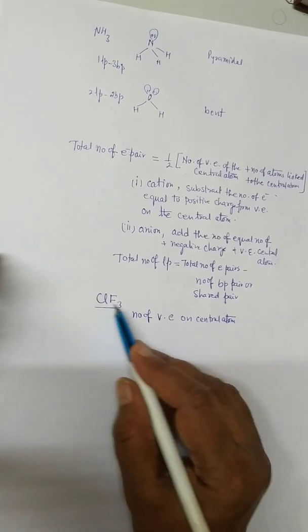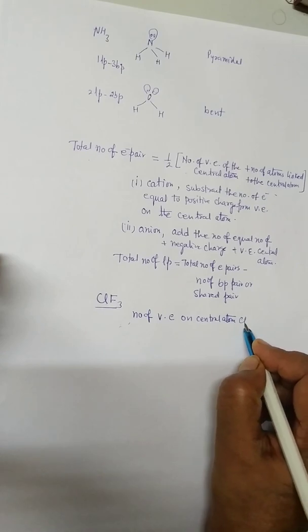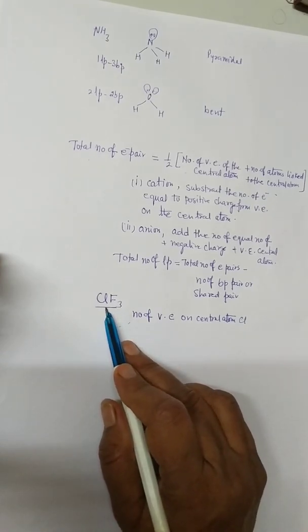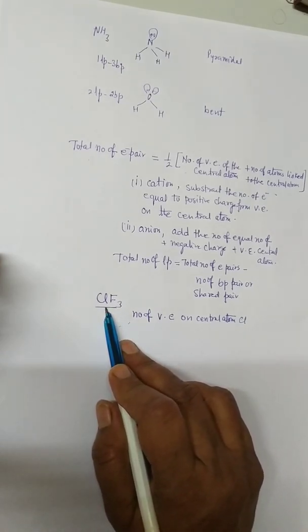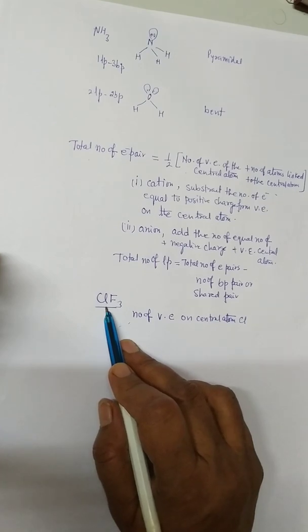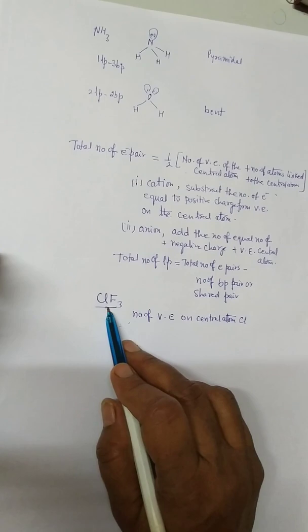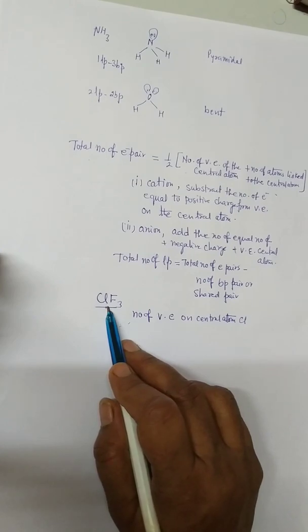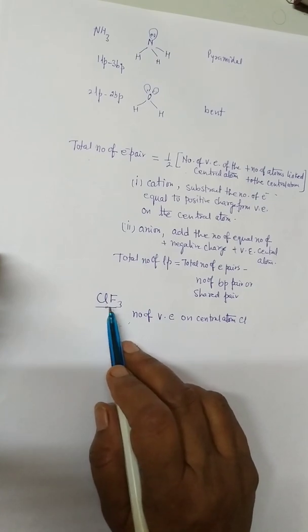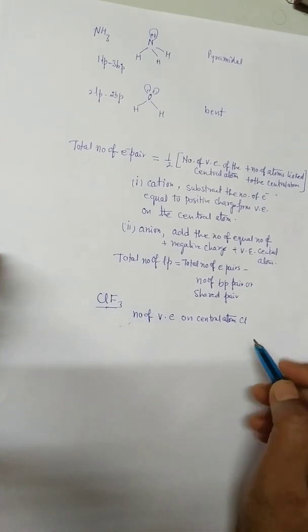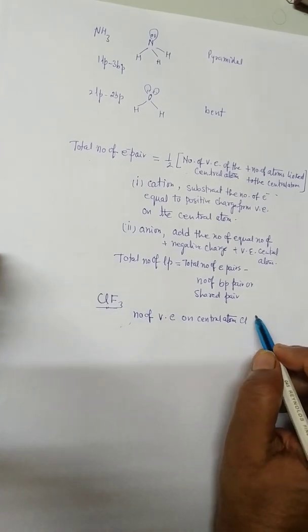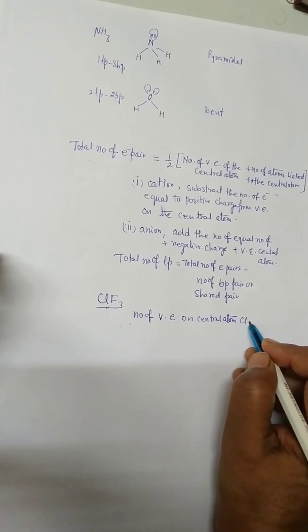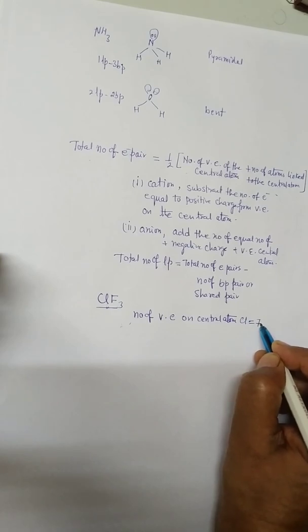Here the central atom is Cl. How will we decide what the central atom is? Actually, the central atom is the bigger atom, or the less electronegative one, or the one that is less in number in the covalent molecule. So the number of valence electrons on the central atom is equal to 7.